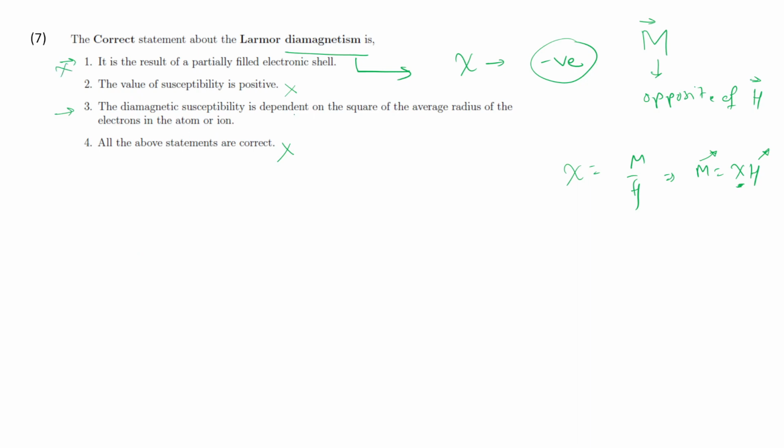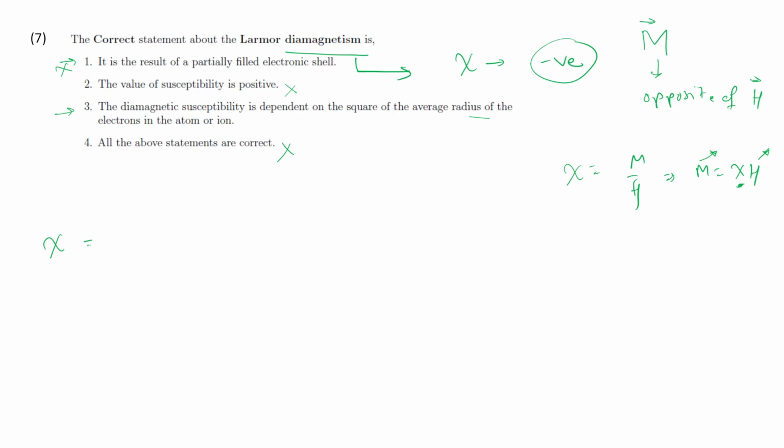The diamagnetic susceptibility depends on the square of the average radius of the electrons of the atom. There is a simple heuristic way to get the value of Larmor diamagnetism. We have to find the diamagnetic susceptibility.